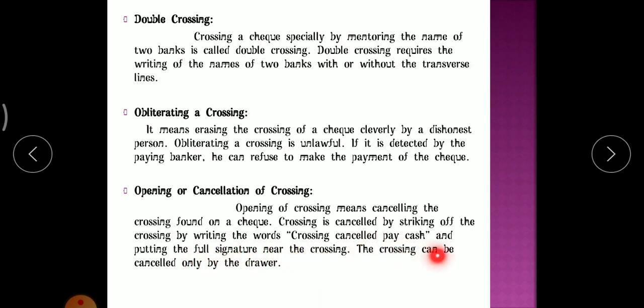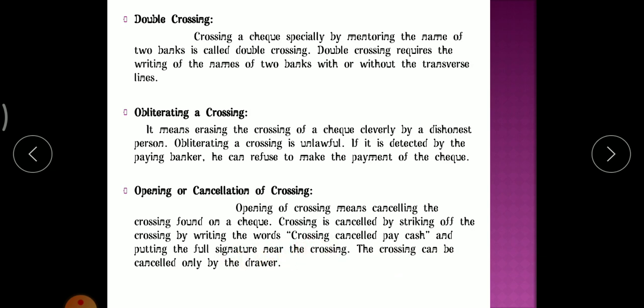The crossing can be cancelled by the drawer only. Clear now? Who is the drawer? You already learned that in the previous class. So keep in mind, opening or cancelling of a crossing can be done only by the drawer.